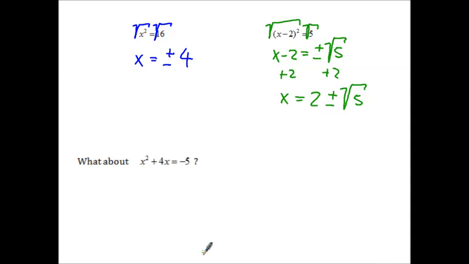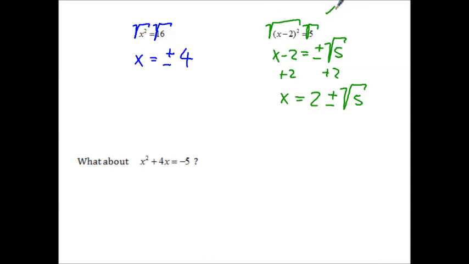In other words, we have irrational solutions here, and we do actually have two solutions. Remember, we have 2 plus the square root of 5 is one of the solutions, and 2 minus the square root of 5 is the other solution. They're both irrational numbers. Now, we would see those as zeros, as x-intercepts, if we were to graph our function.